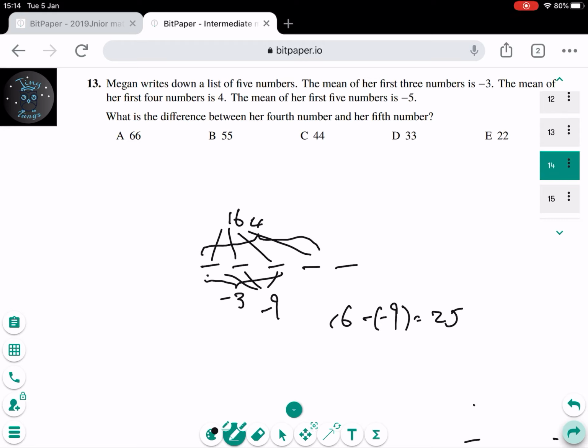Let me change the color. So you put 25 here.